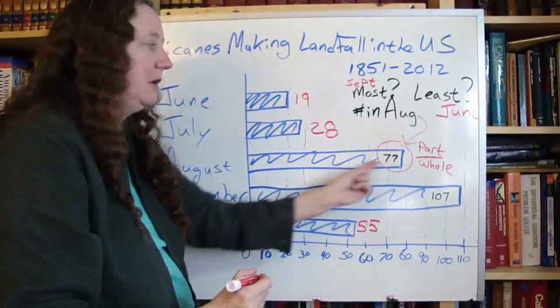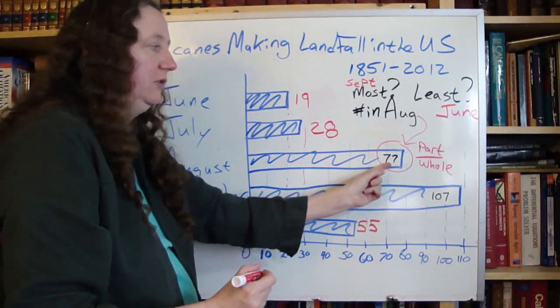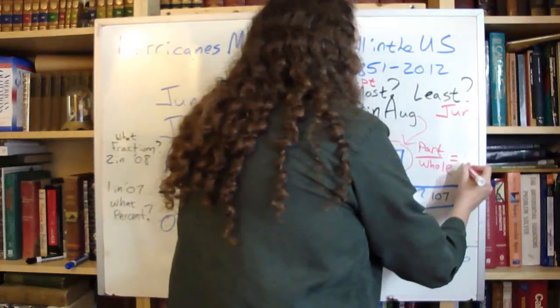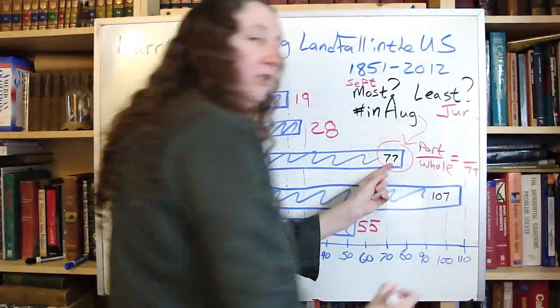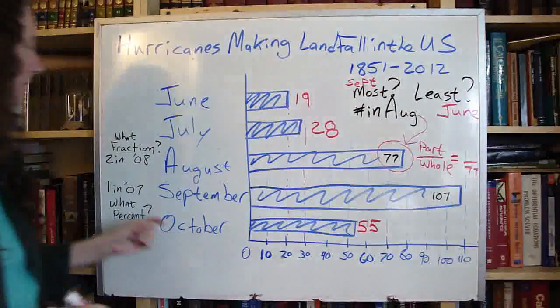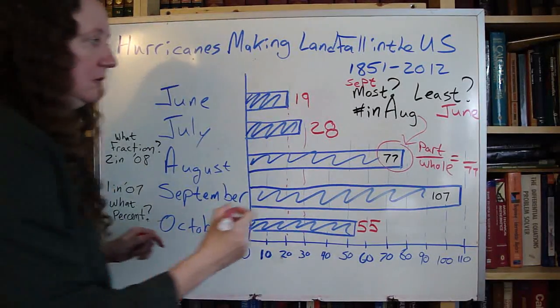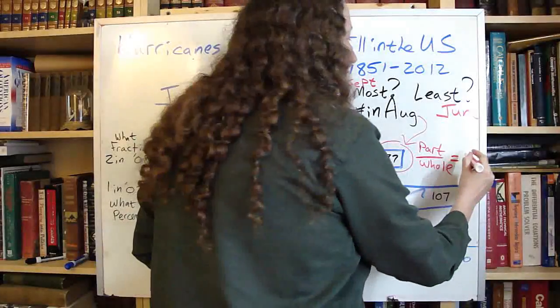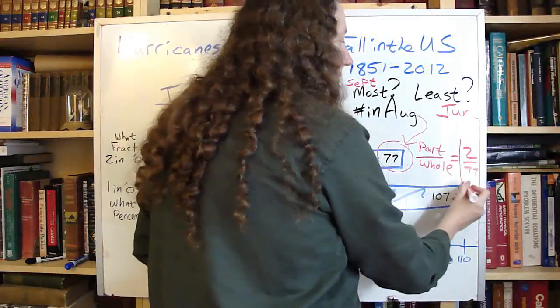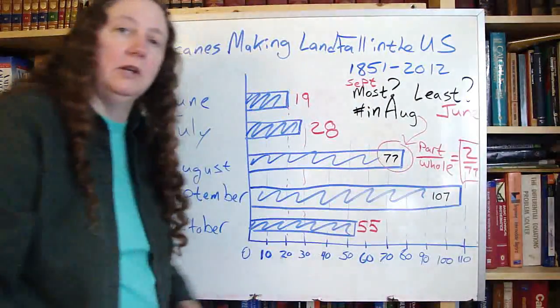The total number, the whole, is 77. So the 77 goes on the bottom. The part is the 2. So the 2 goes on the top. And there is my answer.